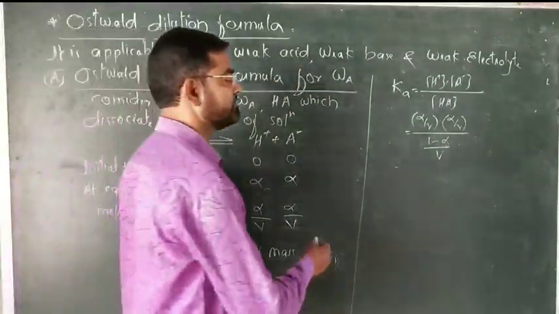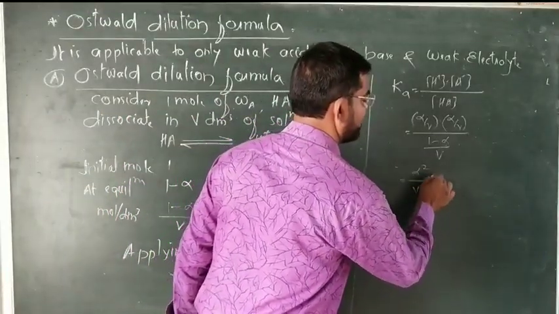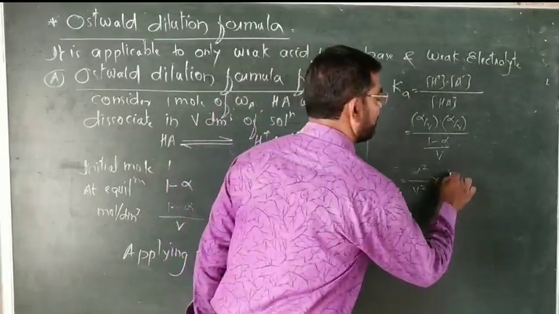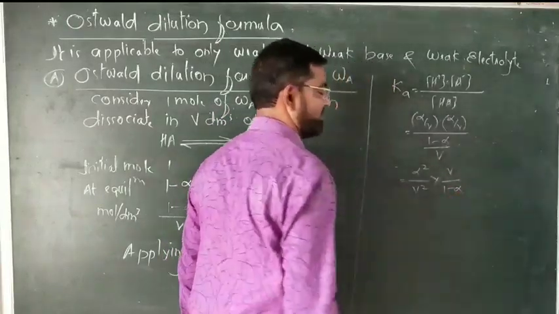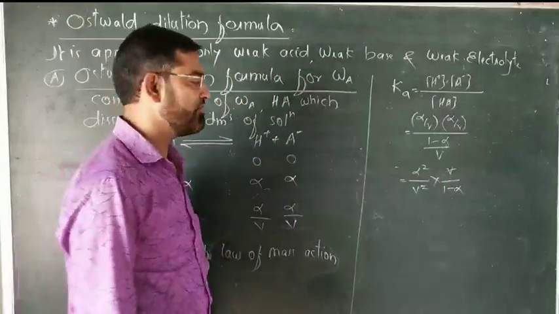Simplify them. We get alpha square upon V square into V upon 1 minus alpha. Cancel out. What do we have?